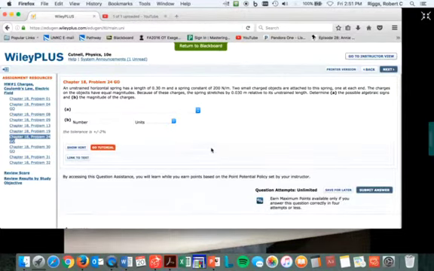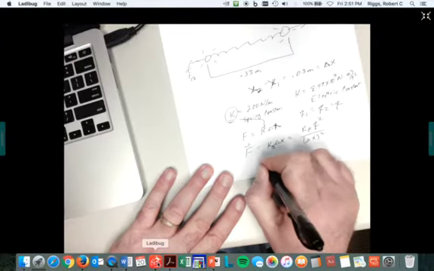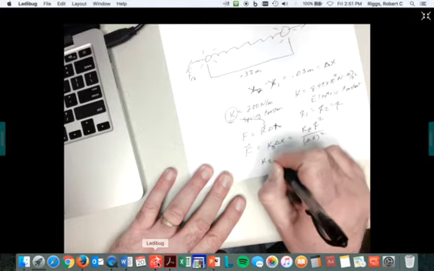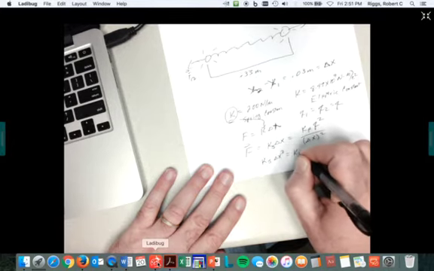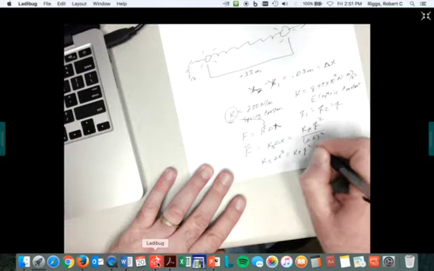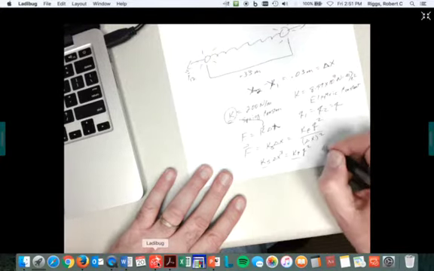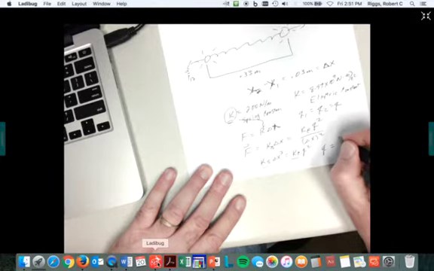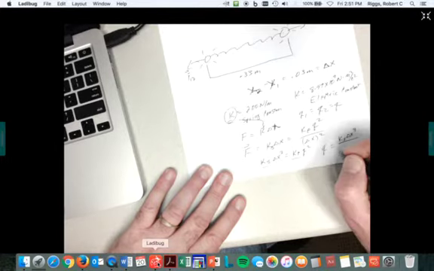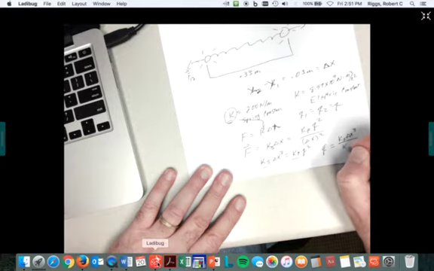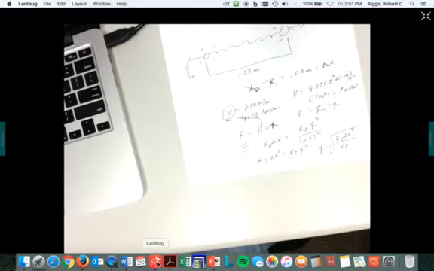There we go. The algebra on this comes out to be kind of unique, because you get k of the spring times delta x cubed is equal to the electric constant times Q squared. These k's do not cancel because they're two different things. So Q is equal to the square root of k of the spring delta x cubed over k_e.